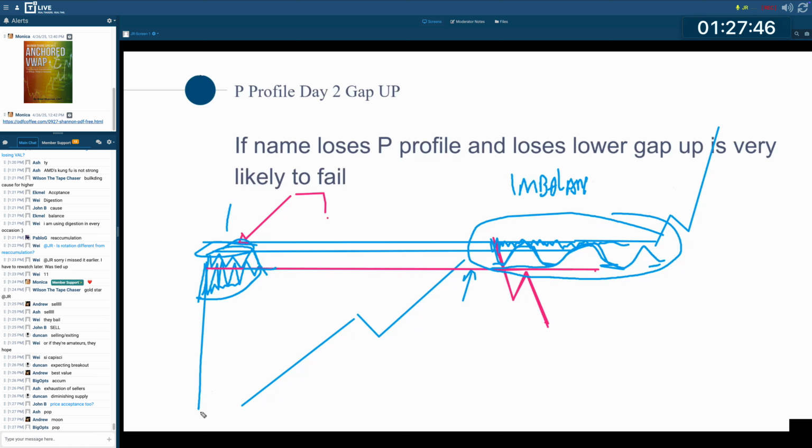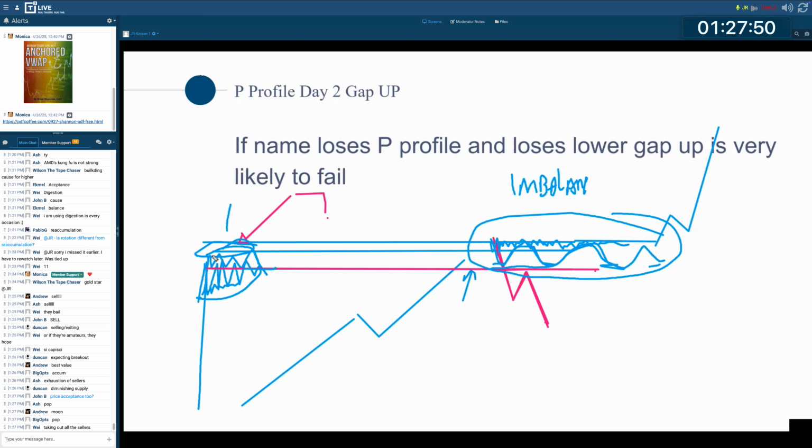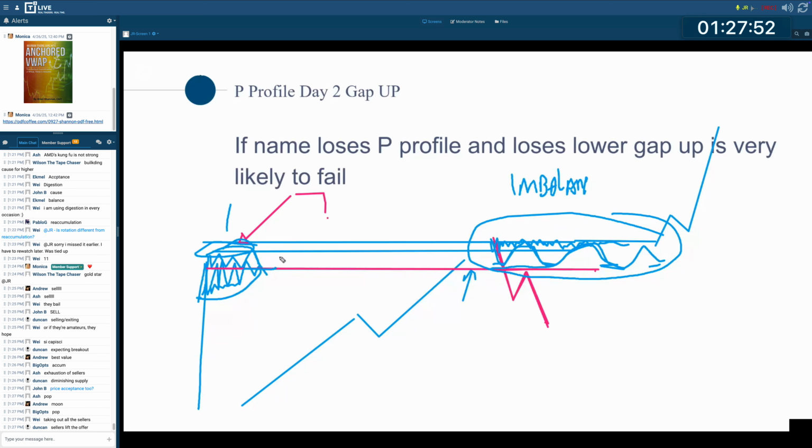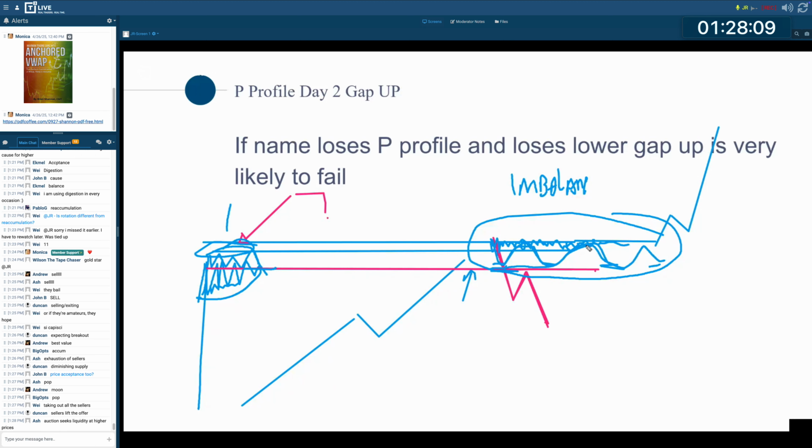You have a day where stocks are marked up noticeably, and you have a point of control from day 1 which now becomes support, right? You got a little bit of a polarity shift, right? And you have people slowly chipping away at top of value until there's no overhead supply left, okay? And that imbalance takes the auction higher.